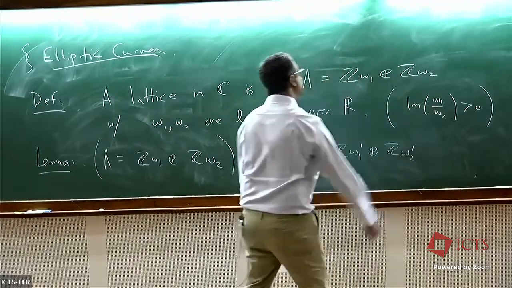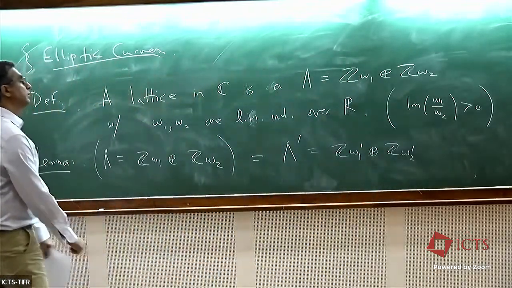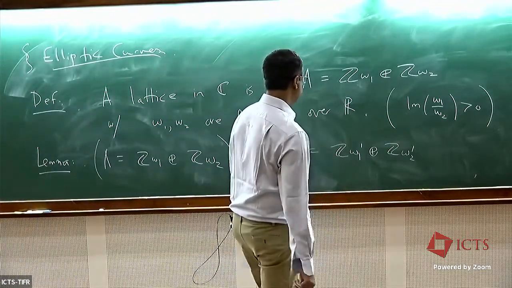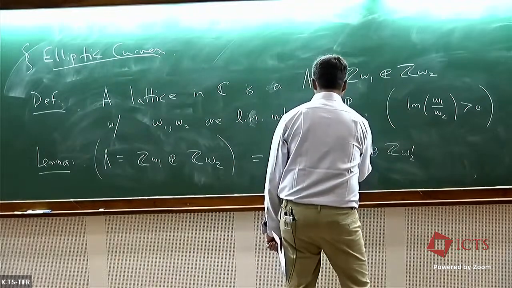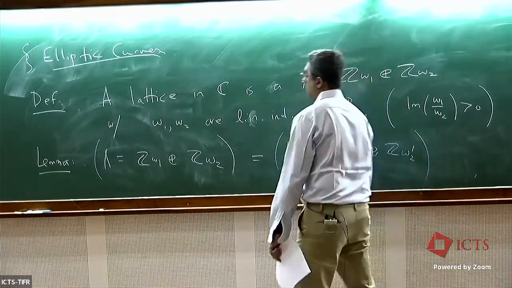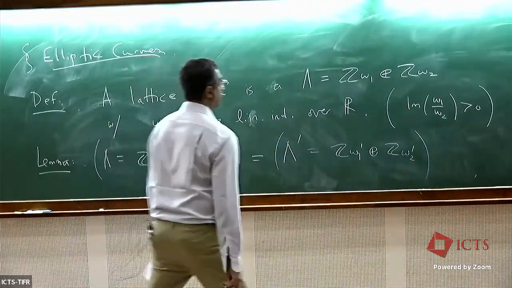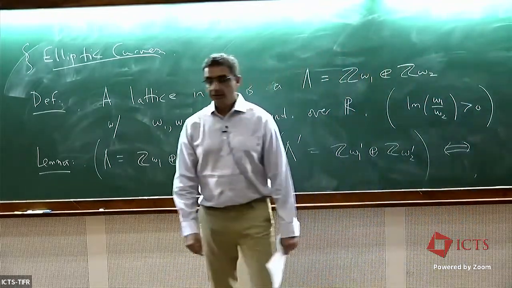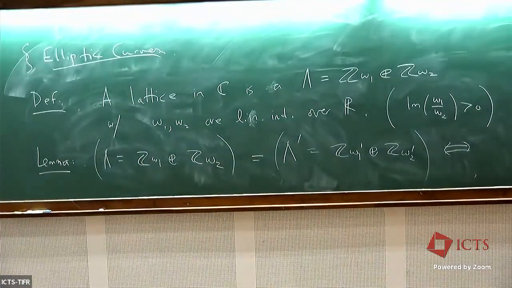I always assume this condition that the imaginary part of omega 1 over omega 2 of whatever basis vectors I'm taking is positive. When does this happen? Well, these are just subgroups of C. We're just changing the basis, right?